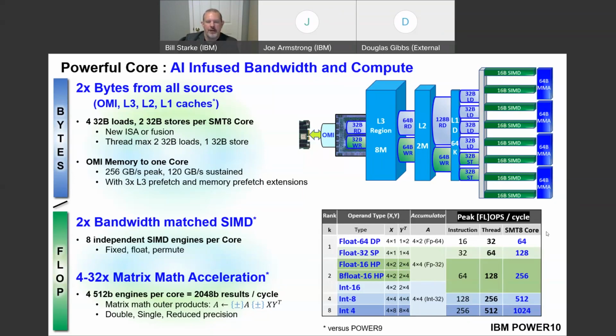And then on the bottom, I won't read the chart, but as I said, we're investing not just in the traditional 64-bit and 32-bit floating point, but in lower precision, which is so critical for AI inferencing. So we have two flavors of 16-bit floating point, and then also lower precision integer operations, which are also very interesting and important for AI inferencing: 16-bit integer, 8-bit integer, and we're even going all the way down to 4-bit integer.